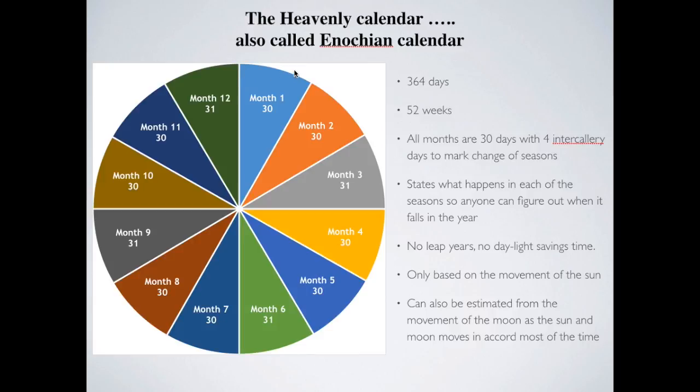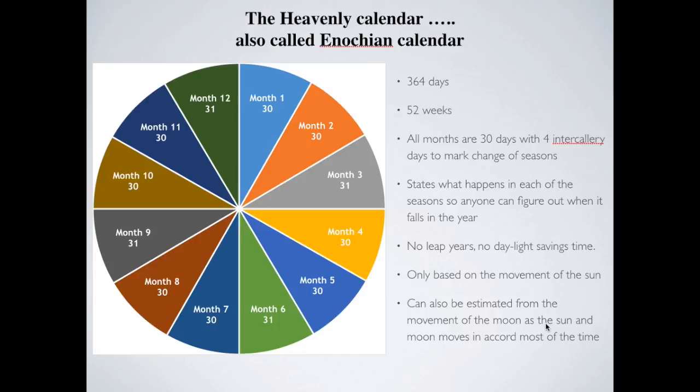No. If you know the first day of the year, 30 days later is the second month, 30 days later is the third month, 31 days later is the fourth month, and that's how you calculate it. 364 days later, the year is finished. You start another year. It's a cyclical process. And all this can be estimated from the movement of the sun, as explained in the book of Enoch. We can figure it out also sometimes.